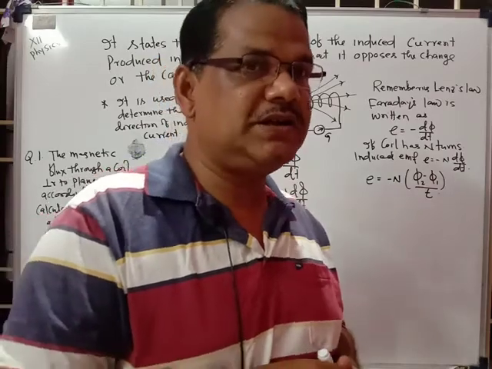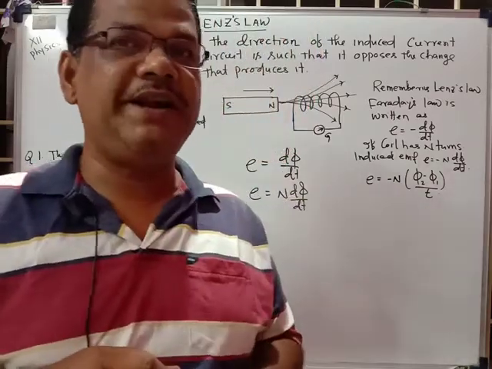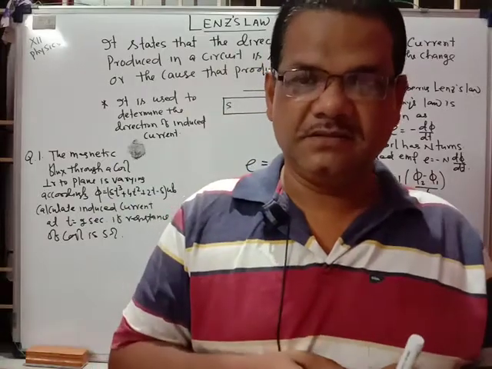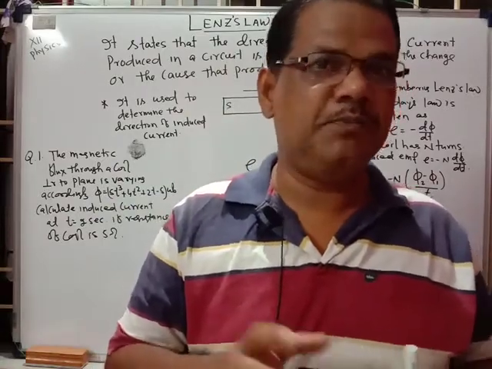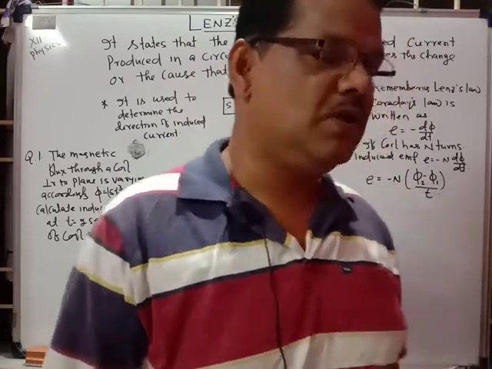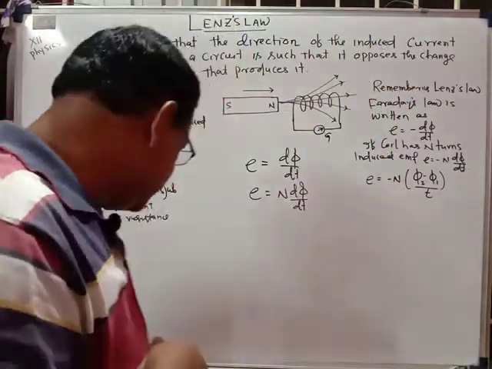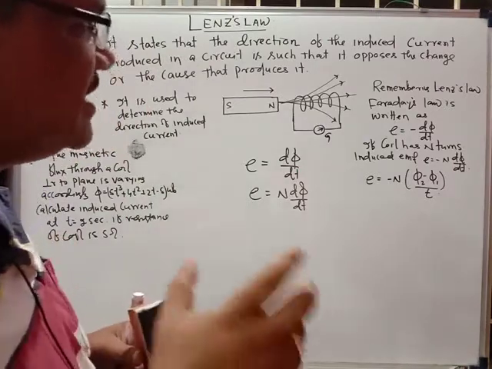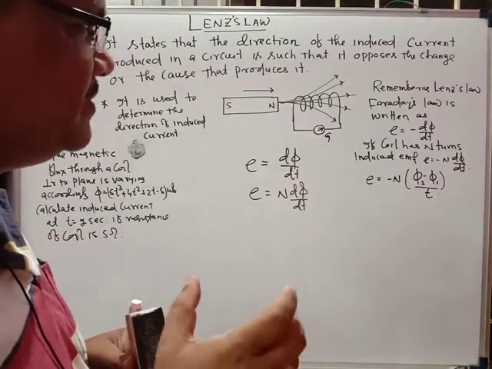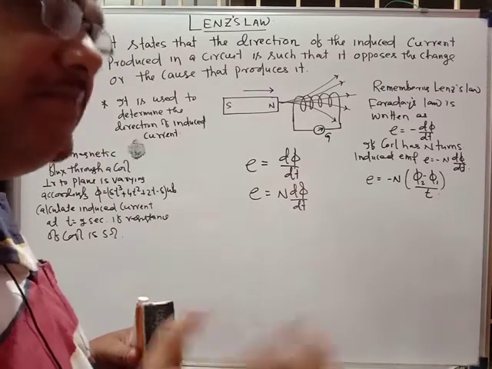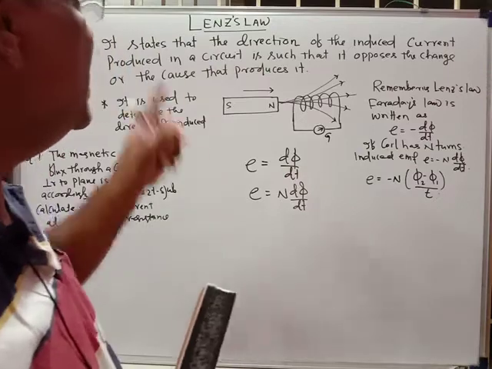But it does not tell clearly the polarity which will be developed across the coil or across the circuit. You cannot get the direction of the current, in which direction the current will flow. That information you do not get from Faraday's law. To get the direction of the induced current produced, we use Lenz's law.